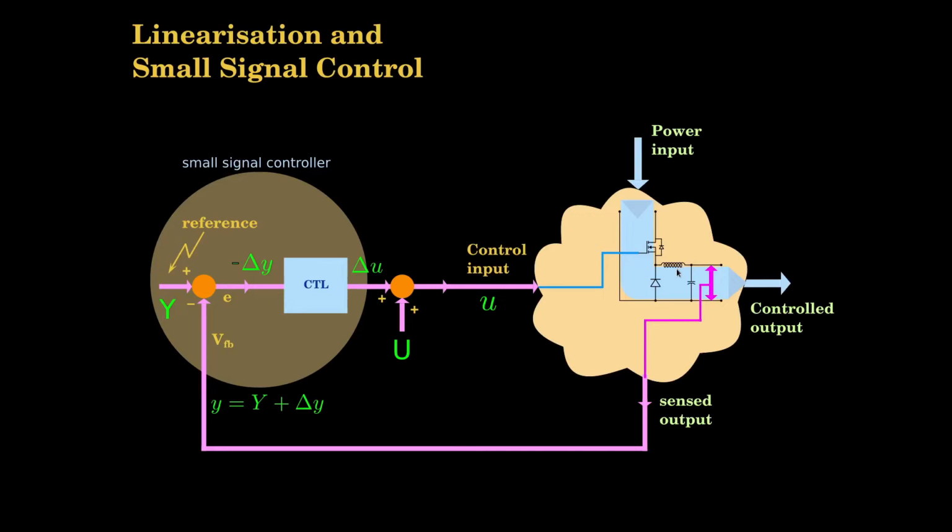If you include that also into the feedback, then you are feeding back the entire state vector. In such a case, it is called a state feedback system or full state feedback system. The deviation input will be proportional to not delta Y but delta X, the deviation of the entire state vector. Such a system is called a full state feedback system.